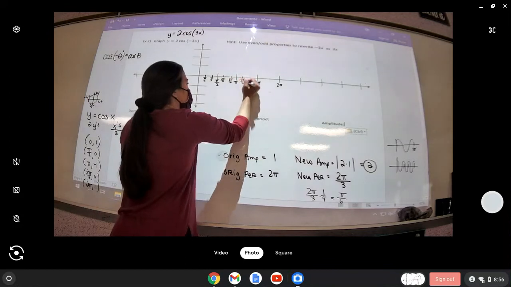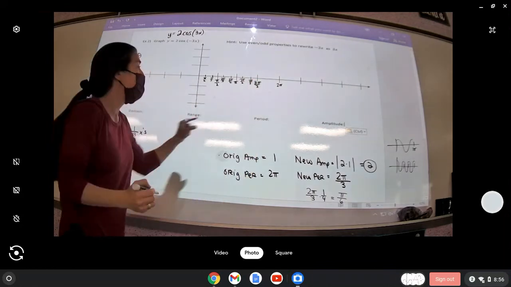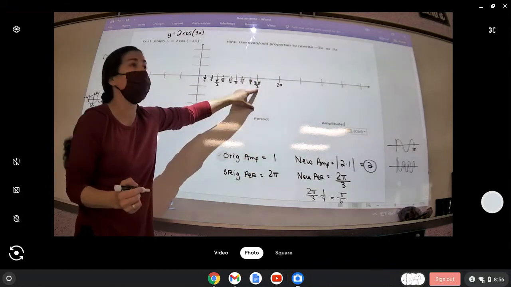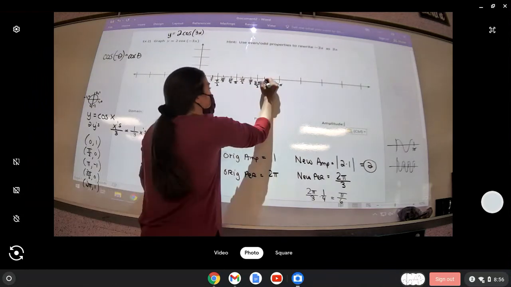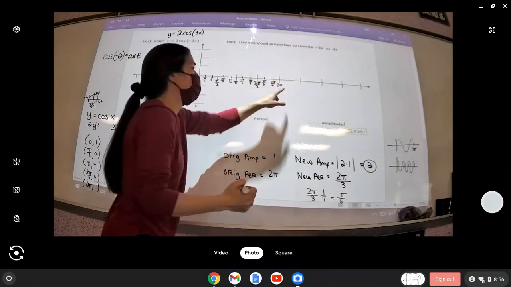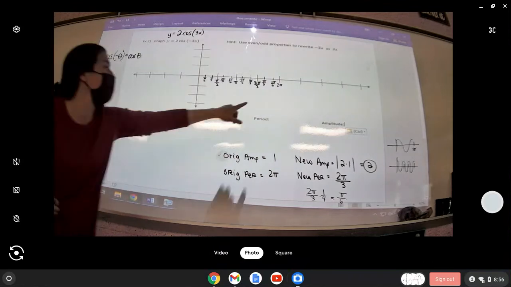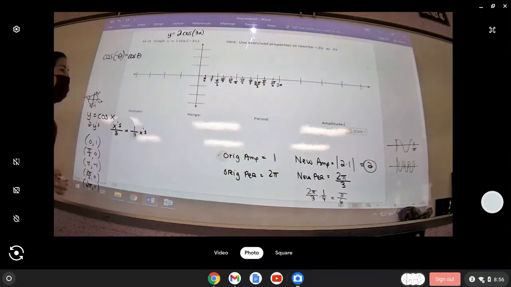Here's 7 pi over 6. Here's 8 pi over 6, which reduces to 4 pi over 3. Here's 9 pi over 6, which reduces to 3 pi over 2. Here's 10 pi over 6, which reduces to 5 pi over 3. Here's 11 pi over 6, which doesn't reduce. And there's 12 pi over 6, 2 pi. I want you to see the transformation.